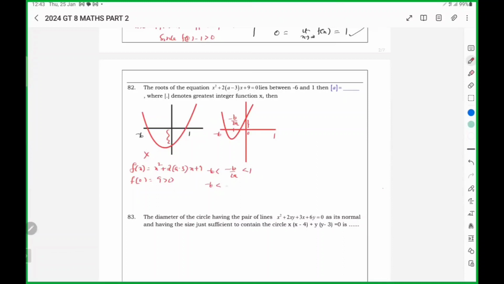Minus b by 2a is minus 2 times a minus 3 by 2, so minus of a minus 3 lies between that. Minus 6 is less than minus of a minus 3, so a minus 3 is greater than minus 6, a minus 3 less than 6, a is less than 9. Other possibility, a minus 3 greater than minus 1, a greater than minus 2. So from here I can say a lies between minus 2 and 9.